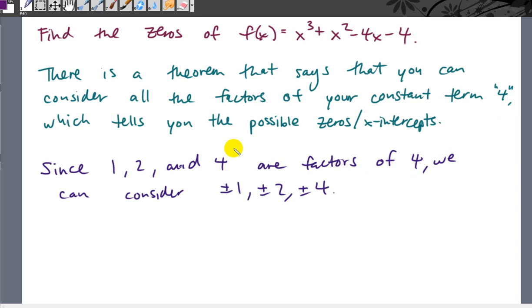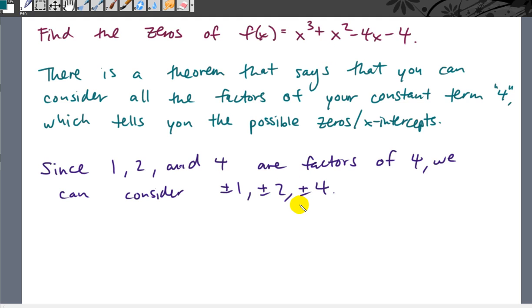Since 1, 2, and 4 are possible factors of 4, we want to consider the positive and negative values of 1, 2, and 4. Also, there's an extension of this.